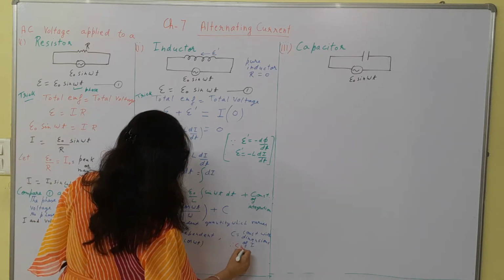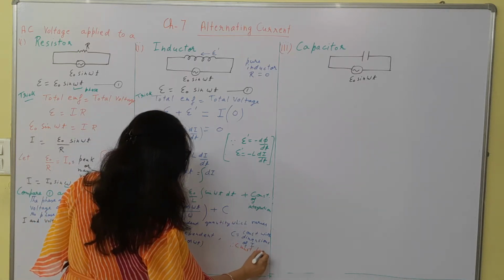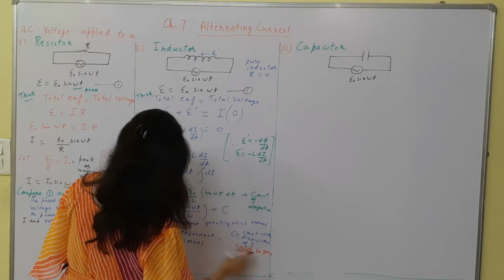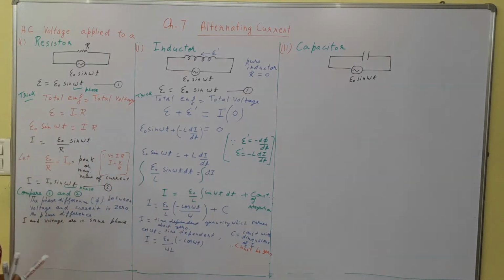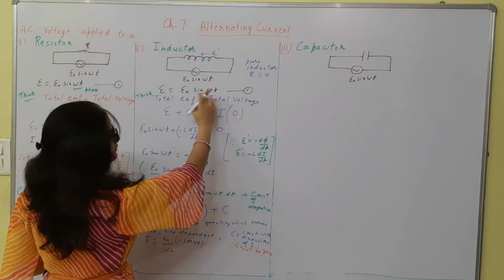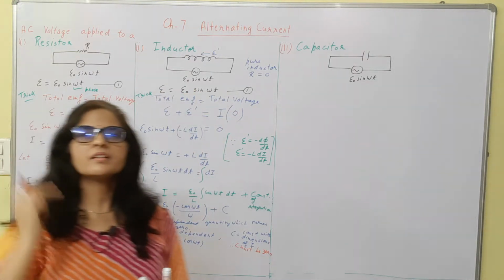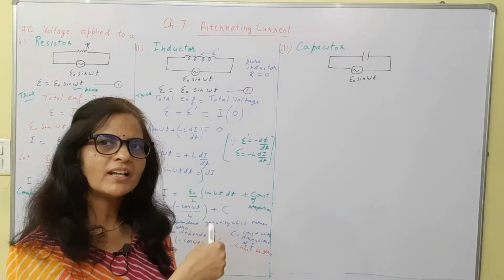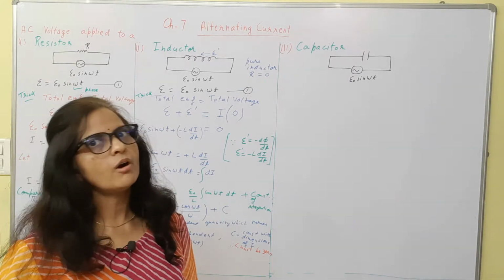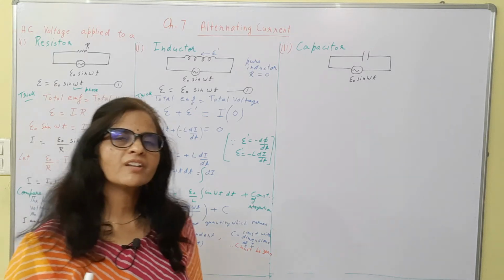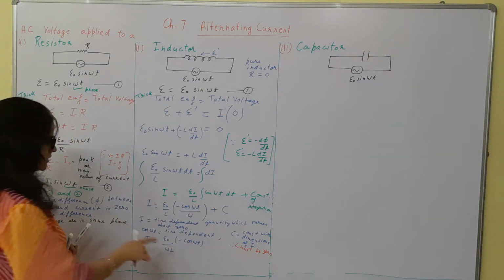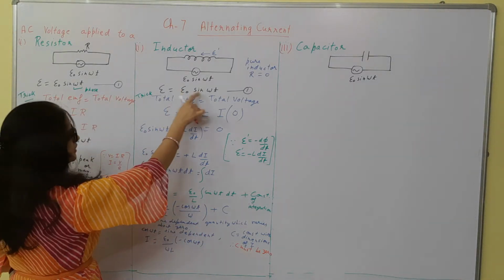Therefore C must be 0, right? And we have to compare the phase of voltage and the current. So for comparison, this trigonometric value must have the same form, and the sign of the trigonometric value must also have the same form. So here it is plus, here it is sin omega t.